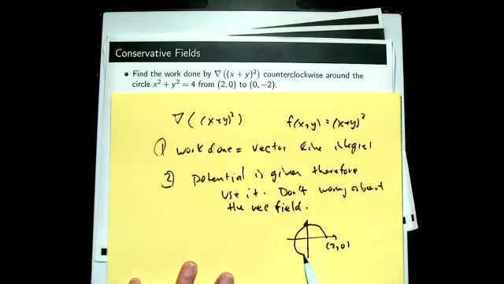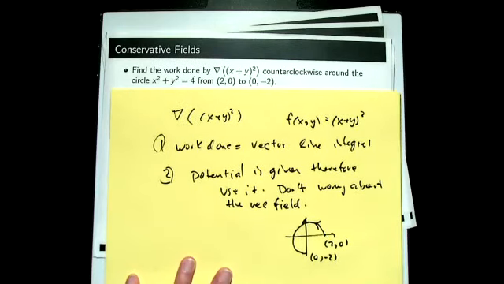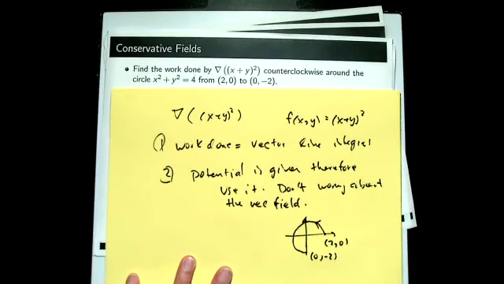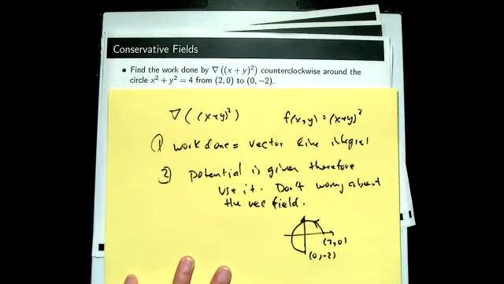Am I right? So that's the path, and it's counterclockwise. Counterclockwise for circles is always good. The natural way of parameterization is there.